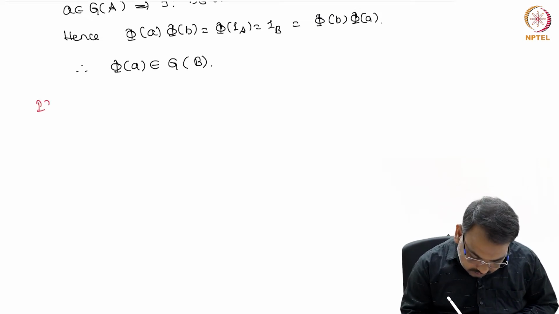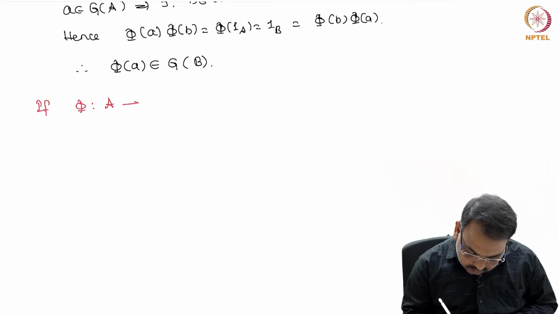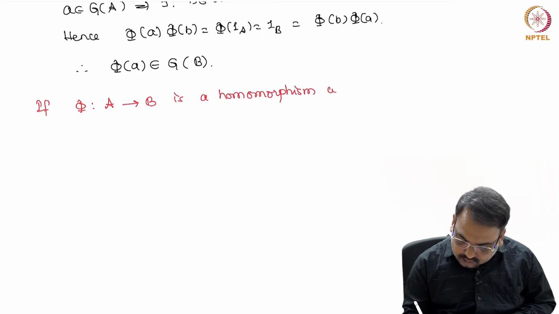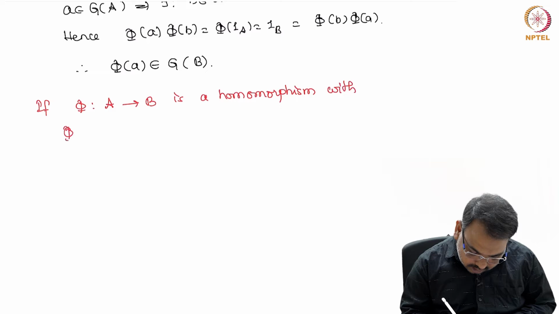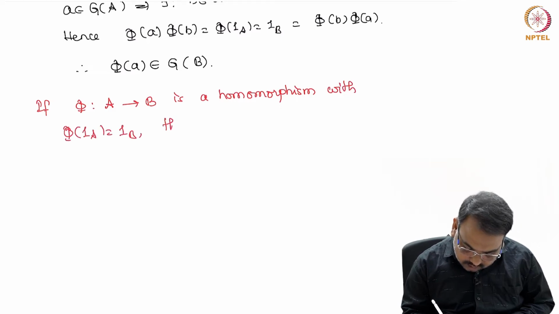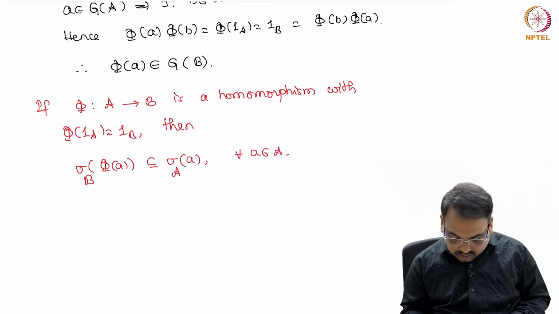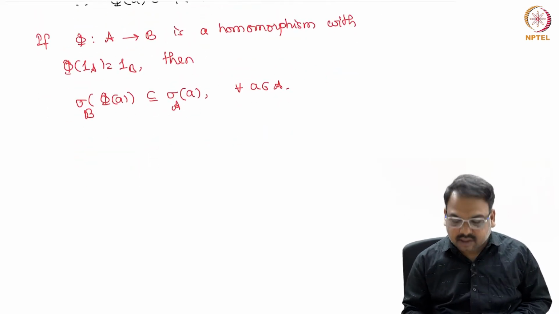So if phi is a homomorphism with phi of 1A equal to 1B, then the spectrum of phi of a with respect to the algebra B is contained in the spectrum of a with respect to algebra A, for every a in A.